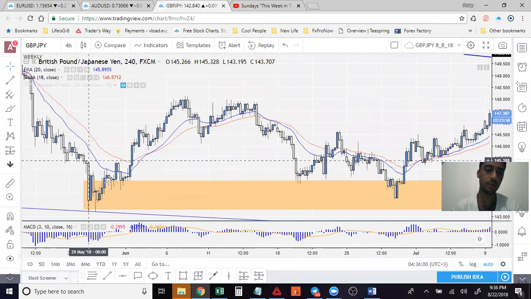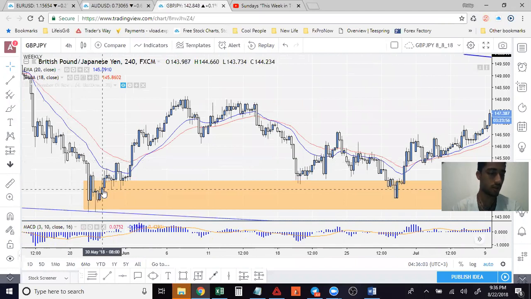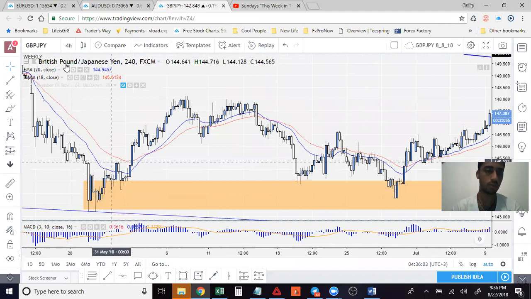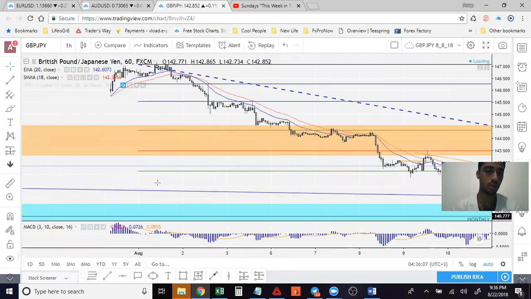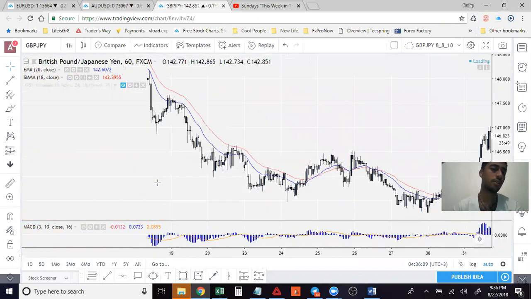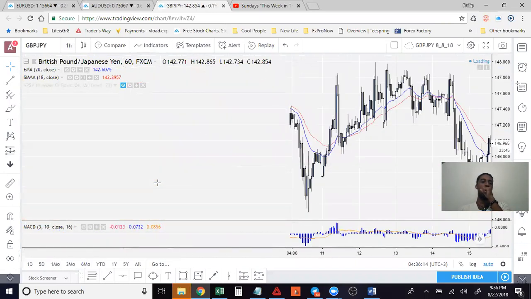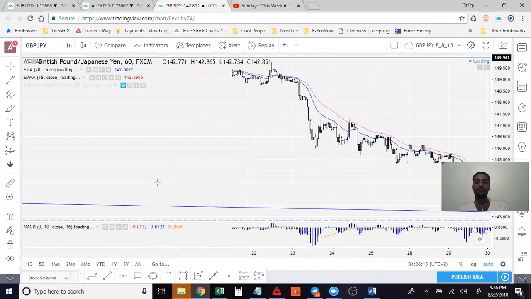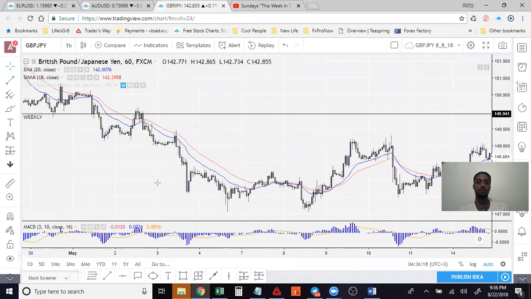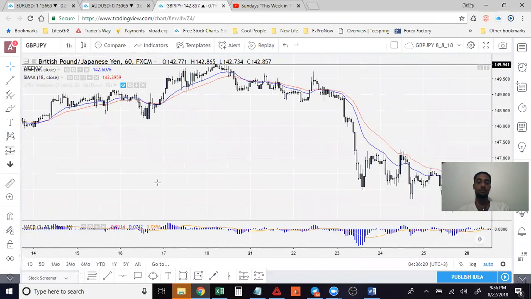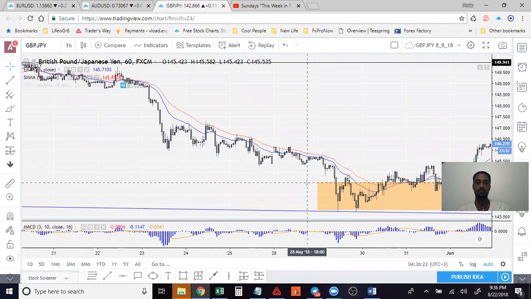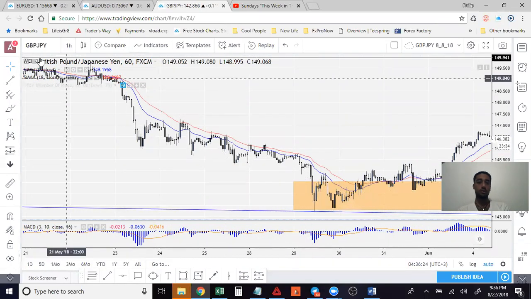This zone over here was most likely drawn. I don't know exactly what it is drawn on. Let's see. I doubt it was on the hour. What, on the daily?